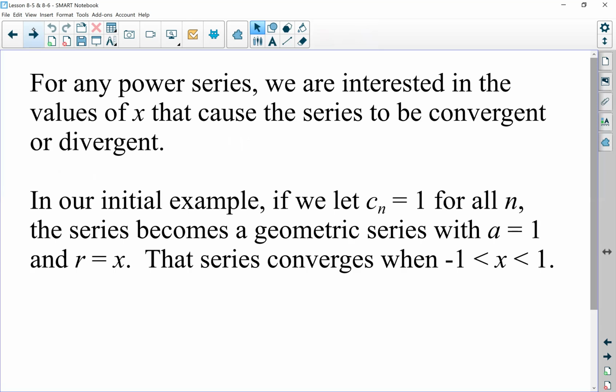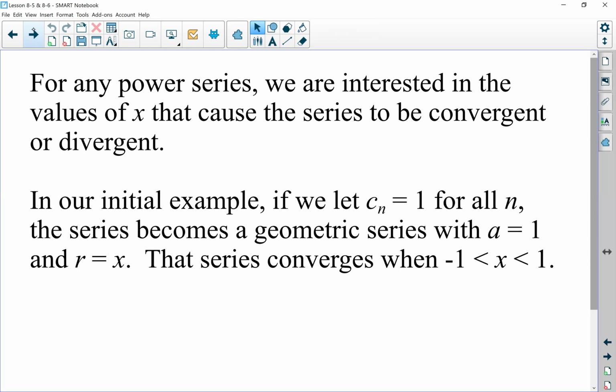For any power series, our main interest is for what value of x is that series convergent or divergent. With that initial example where we had c sub n times x to the n, if all of our c sub n's were 1, then the series is actually geometric, because we go 1, x, x squared, x cubed, x to the 4th, all addition.